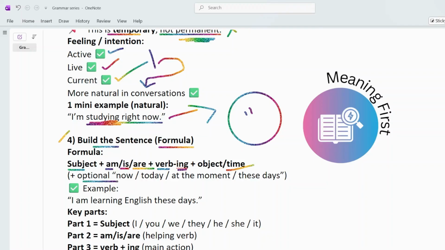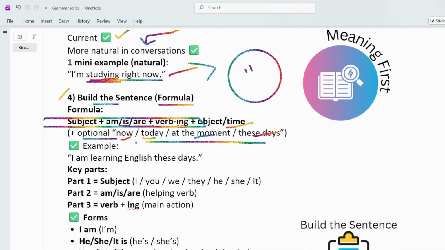As you can look at here, look at the screen, guys. Time is optional. Time in the sense now, today, at the moment, or these days. These words can be used just to give that extra factor to your already formed sentences. Otherwise, you can just stop here when you're practicing. Okay, so that is what I wanted to tell you. Okay, great. Let's look at an example.